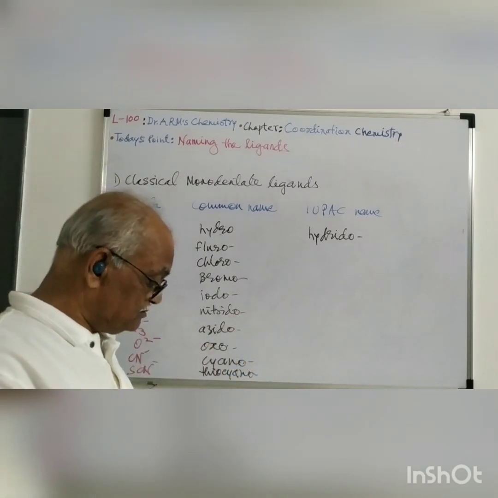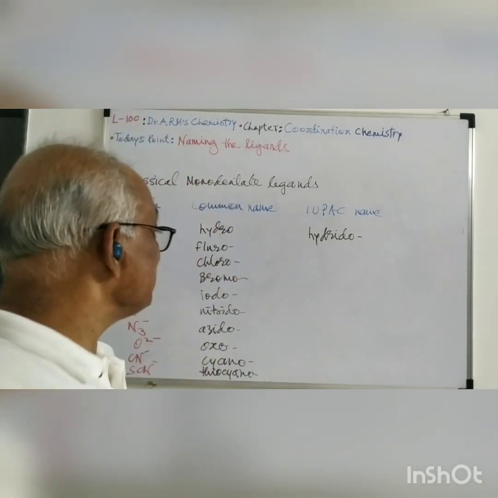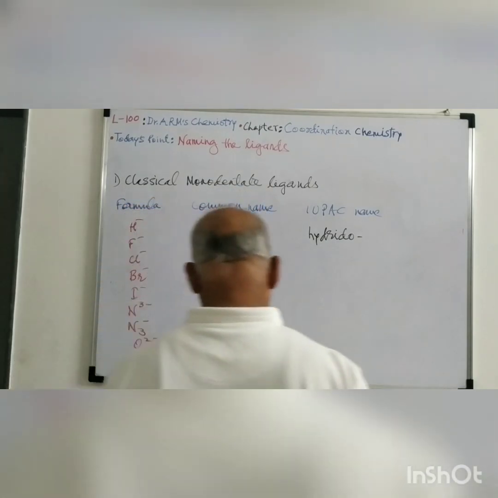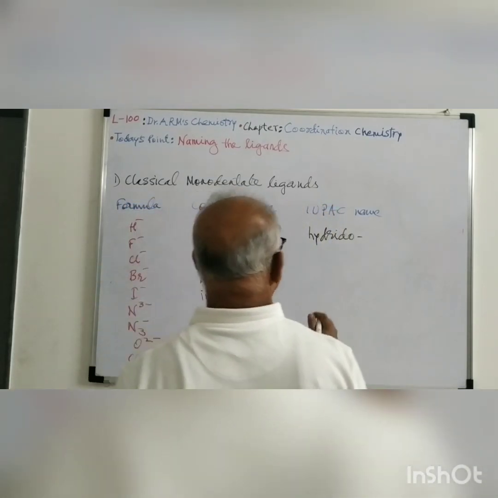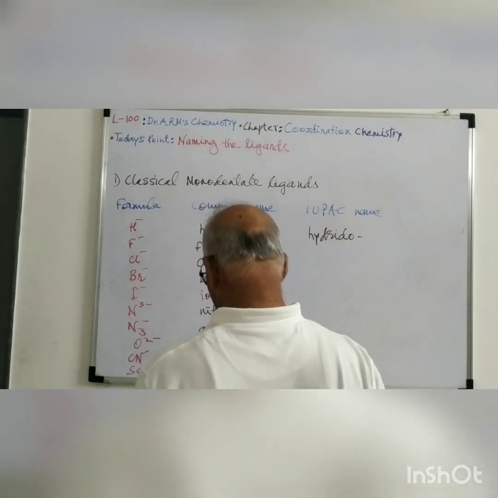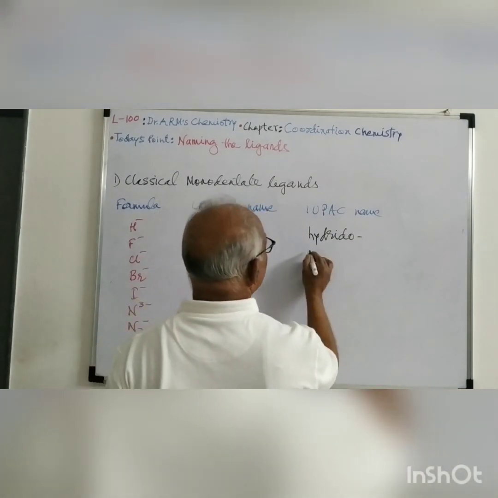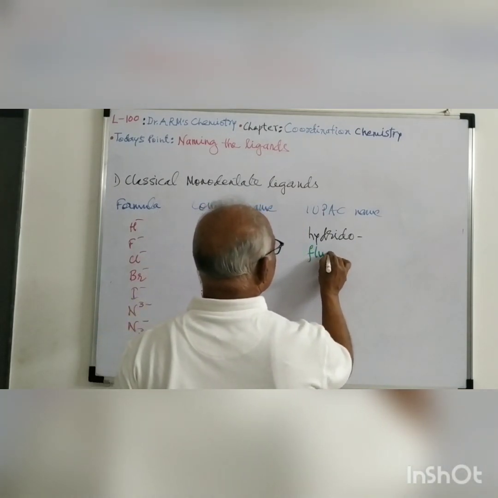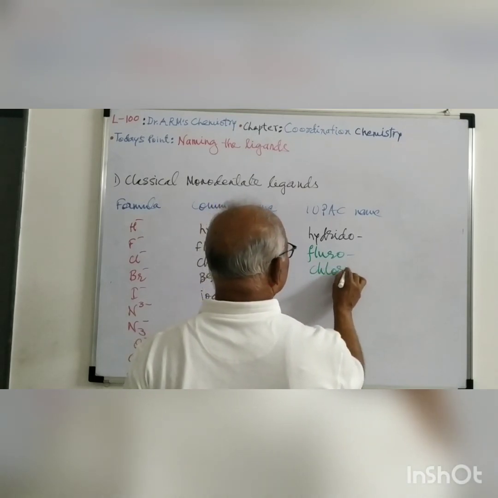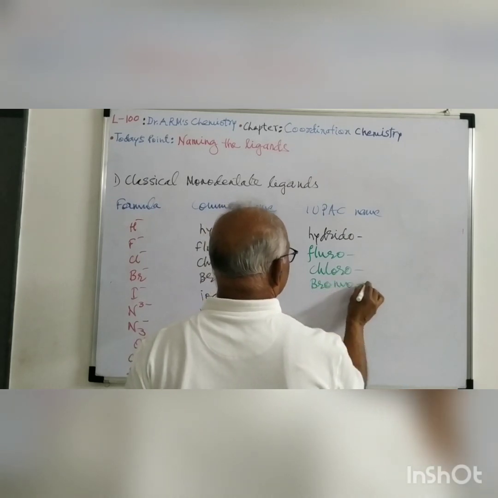Now we will see what the IUPAC names of these species are. The common name is hydro, and the IUPAC name is hydrido. Then next is fluoro, and these are named the same way: fluoro, then chloro, bromo, iodo.